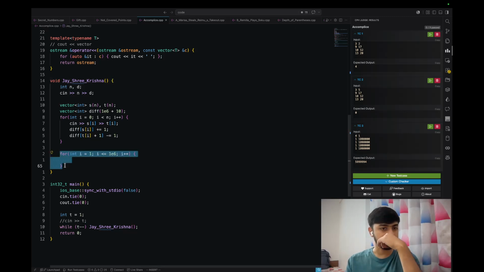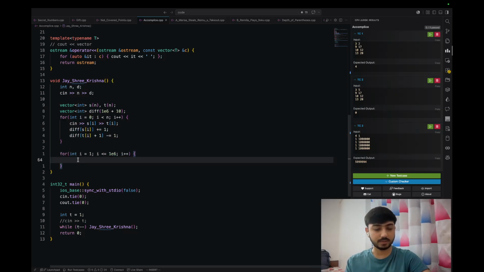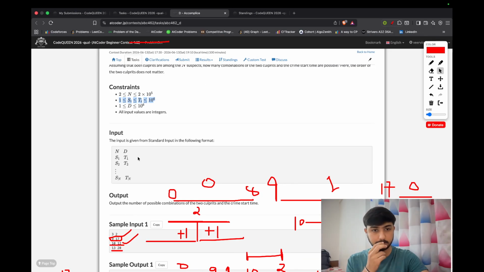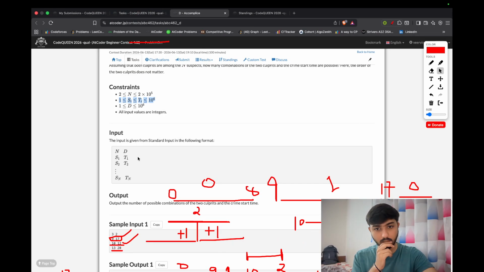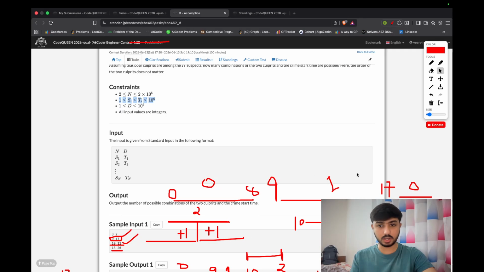Yeah, 10 to the power 6, that's fine. 10 to the power 5, it's also fine. Yeah, this is fine. Difference of I plus equals difference of I minus 1. Good. Yeah. Now I need to separate out the intervals.